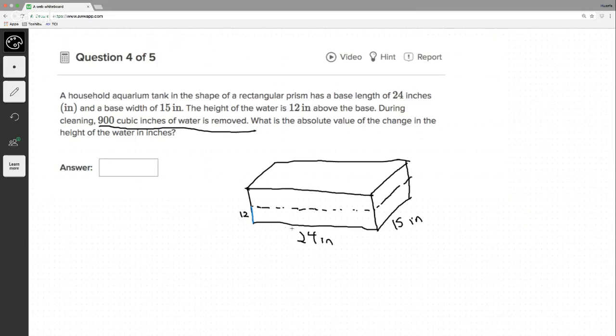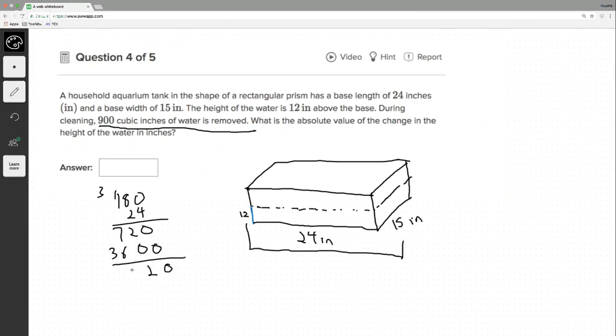So we try and do it in the easiest way possible, because I'm going to try and do it not using a calculator. With a calculator, you have it done in a second. So 12 times 15 is 180, times 24 is 4320.